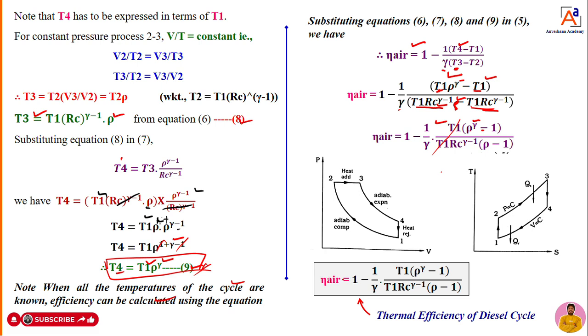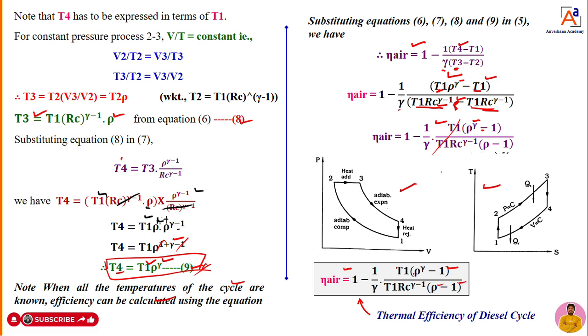So the efficiency of the air standard cycle is what? This is the cycle with the PV diagram and TS diagram. The final equation for the air standard cycle, the efficiency for the diesel cycle, is 1 minus 1 divided by gamma into T1 into bracket rho to the power of gamma minus 1 divided by T1 RC to the power of gamma minus 1, whole bracket, rho minus 1.